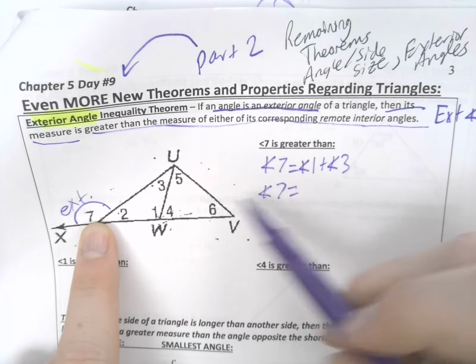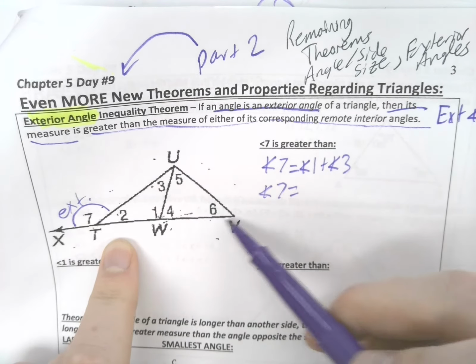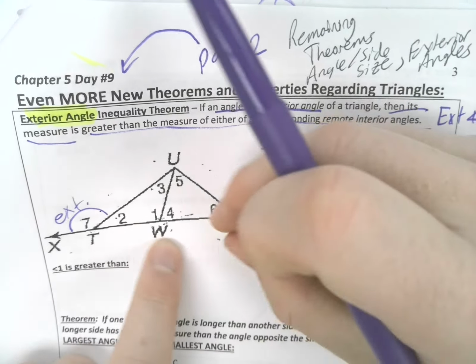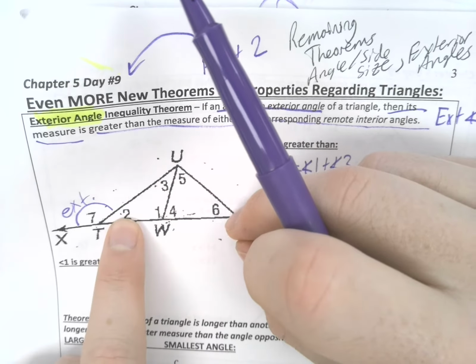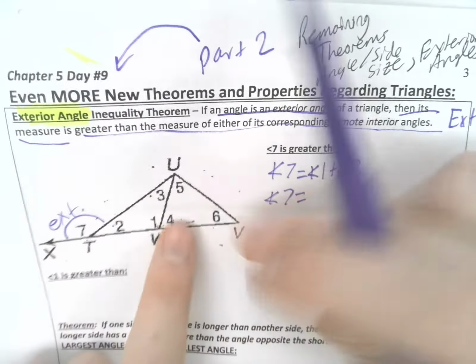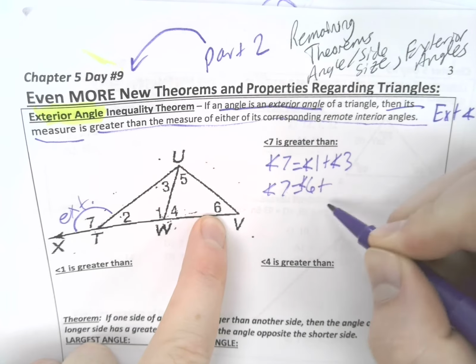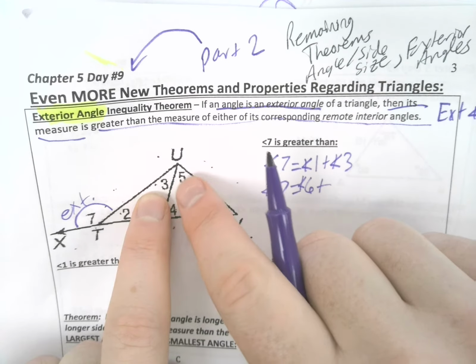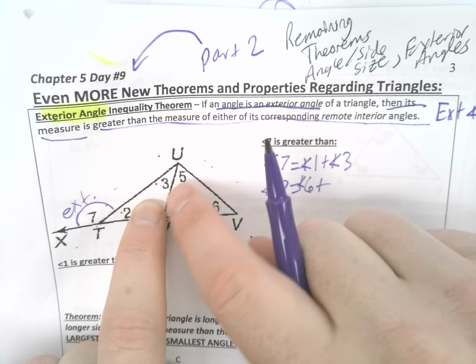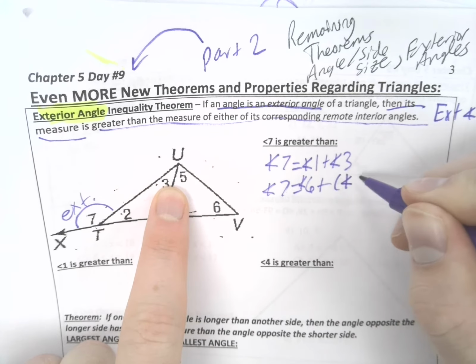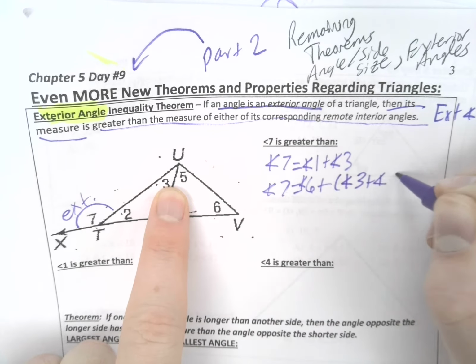Isn't this whole thing a triangle? Check that out. So what would be the remote interior angles? Well, it wouldn't be 2. That's right beside it. So it'd be angle 6 plus angle U. But U is split up between 3 and 5, so it'd be angle 6 plus angle 3 plus angle 5.